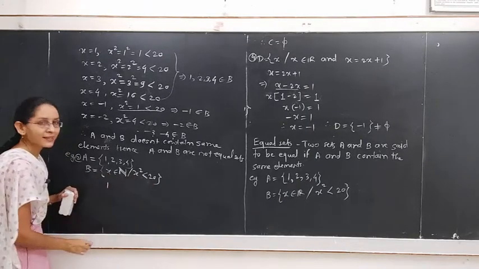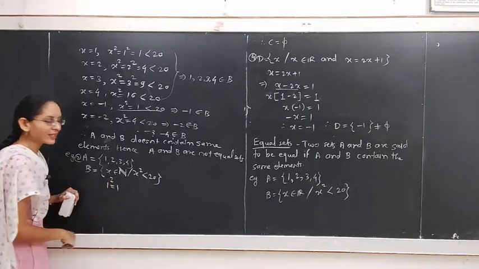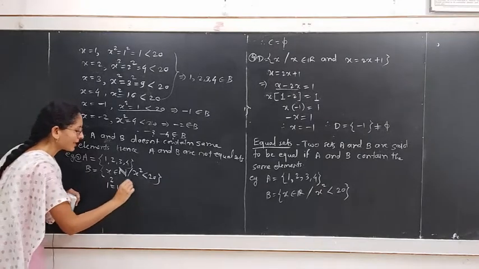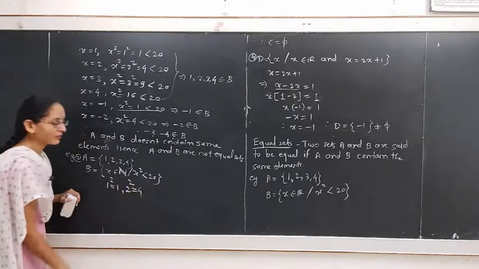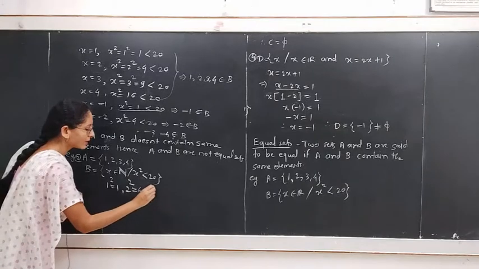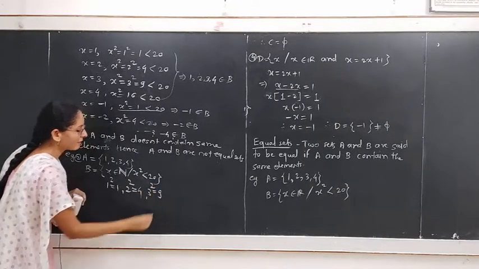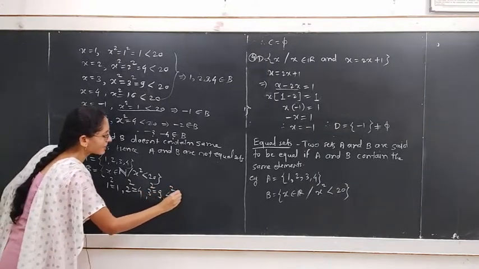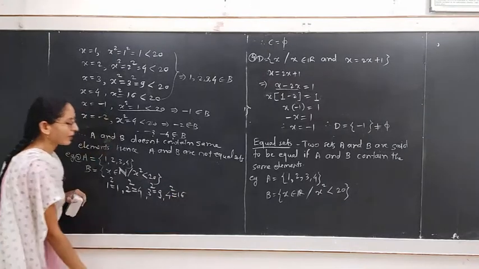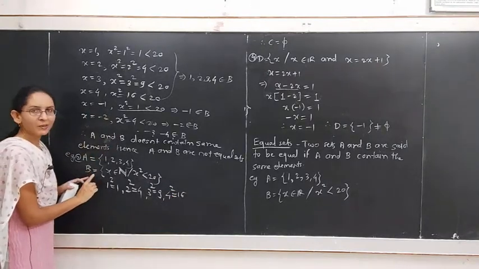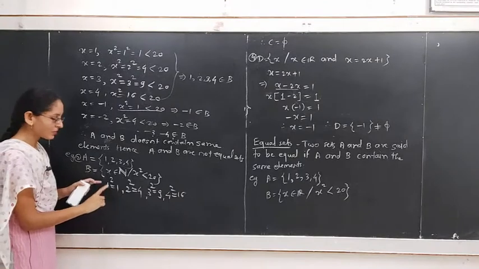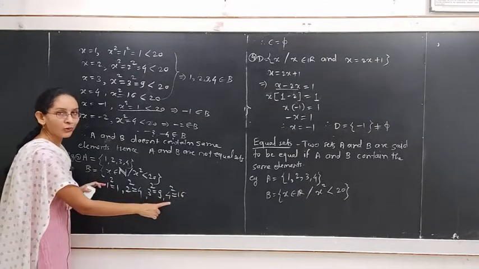We know that 1 is a natural number, its square is 1, less than 20. 2 is a natural number, its square is 4, which is less than 20. 3 square is less than 20 and 4 square is 16, which is less than 20. Therefore, the elements of set B are only the elements 1, 2, 3, 4.